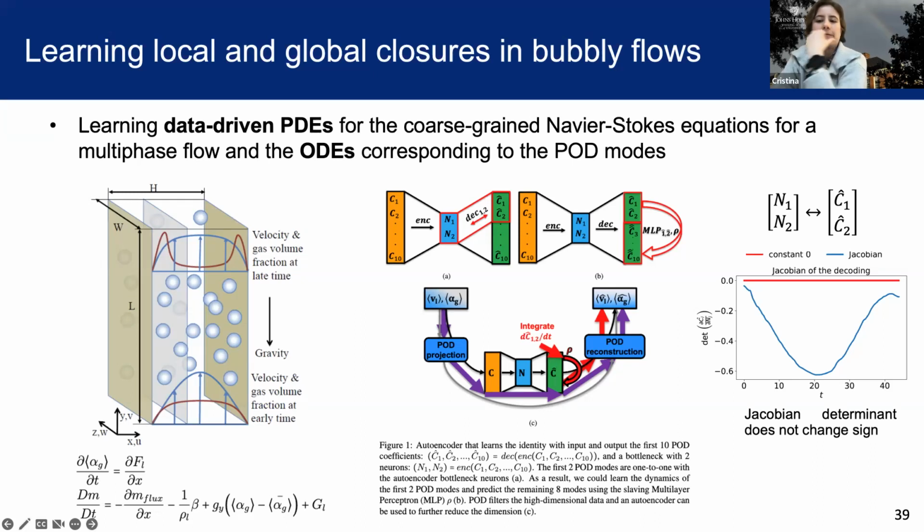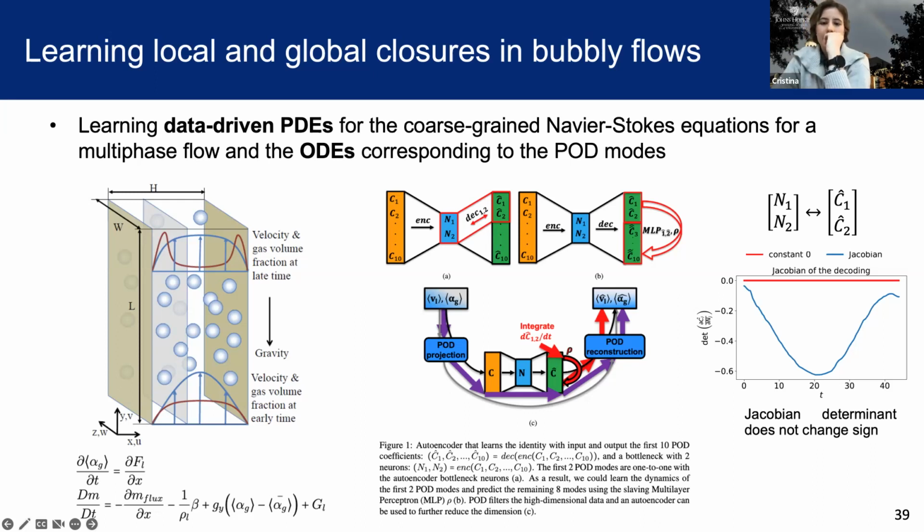Hence, we could define a mapping from the two neurons to the dominant PODs because it is invertible, and show that we can train a multilayer perceptron from the first two outputs of the autoencoder and back to the two neurons in the encoding layer of the autoencoder, proving that there is a bijection, or a one-to-one mapping here.